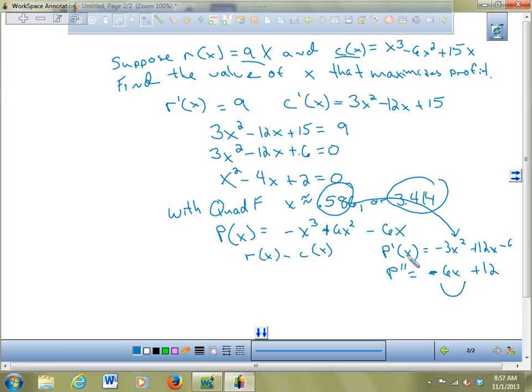And if I plug in 3.414 in here, I get out a negative number, which means I'm concave down, which means I'm at a maximum profit, okay? So it's just a simple error, I think. But I don't think you have to do that on this one, because you could just assume that the curves go like that and like that respectively. But I think it's a good idea, okay?